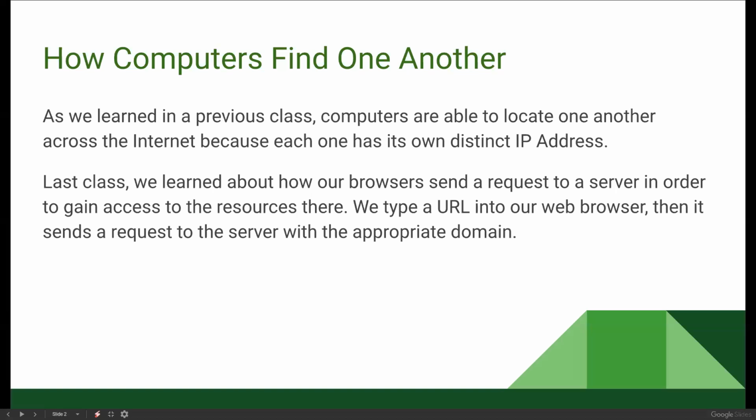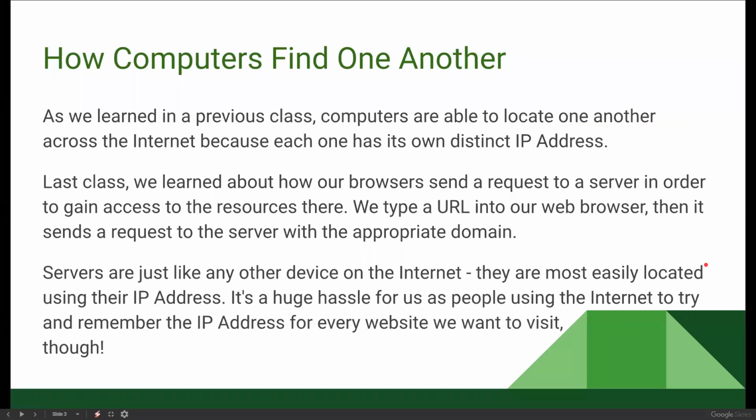In last class, we learned about how browsers send requests to servers in order to get whatever resource we want to see. So if we want to see the homepage.html file from example.com, we need to send a request to the example.com server. We type a URL into our web browser, and then our browser sends that request to the server with the appropriate domain.